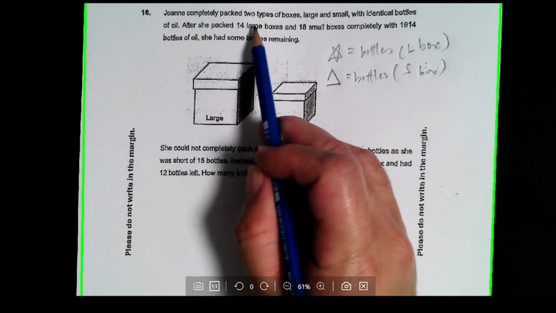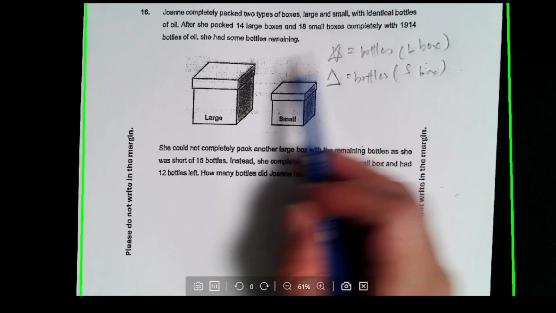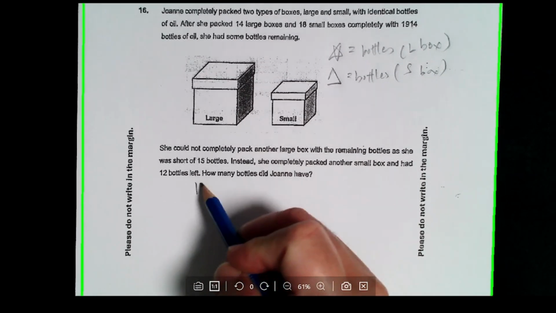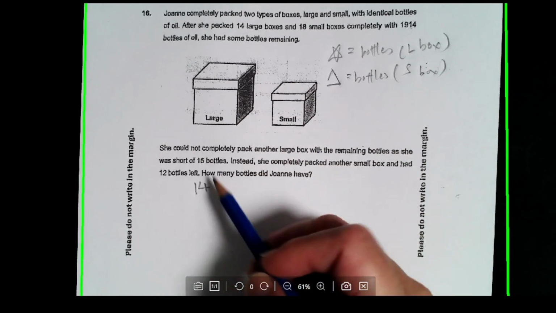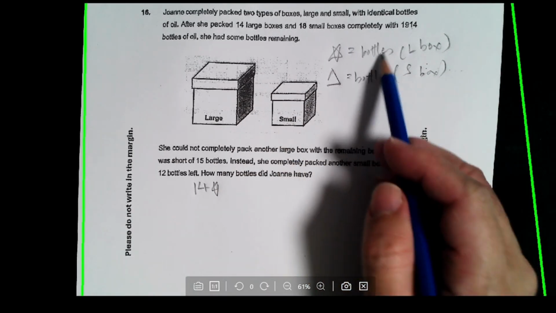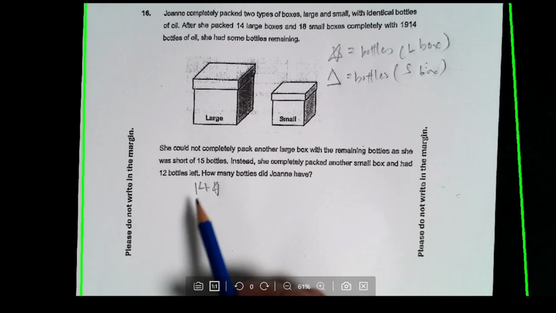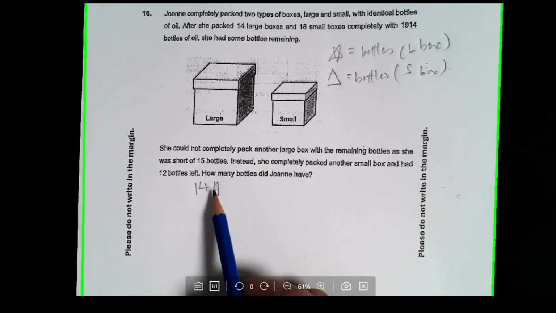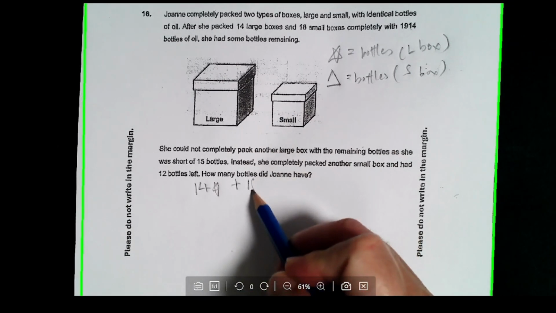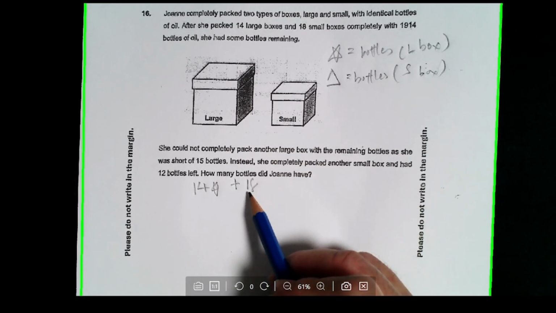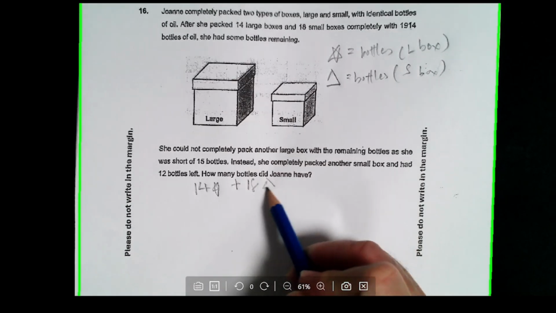So, we put this in an equation. 14 star, where star is the number of bottles in one large box. So the total number for 14 large boxes will be 14 times star, right? Plus 18 times triangle.